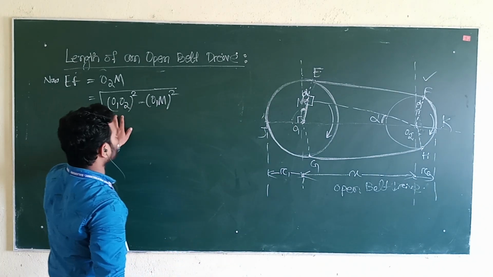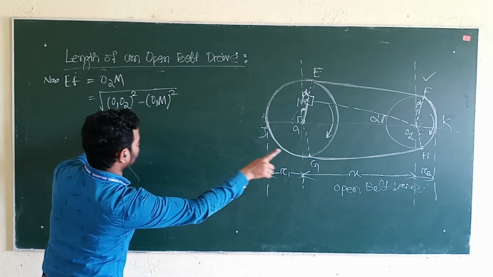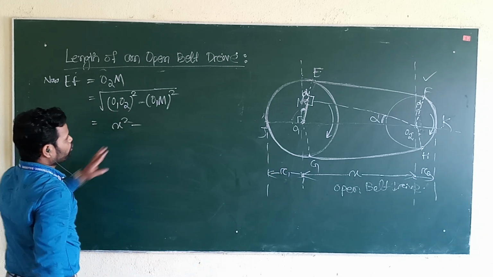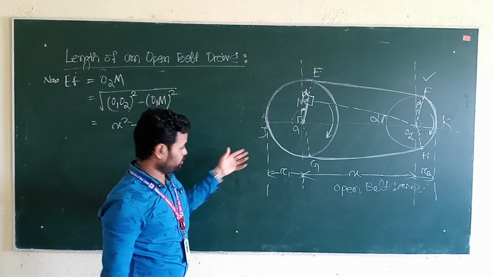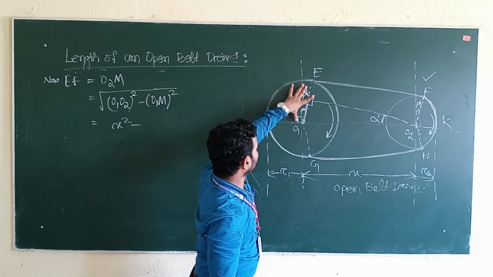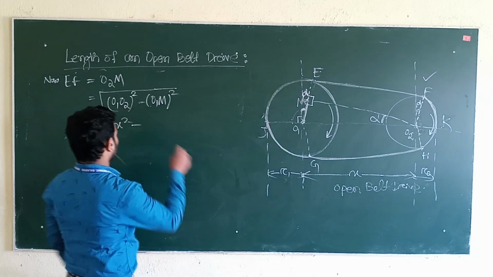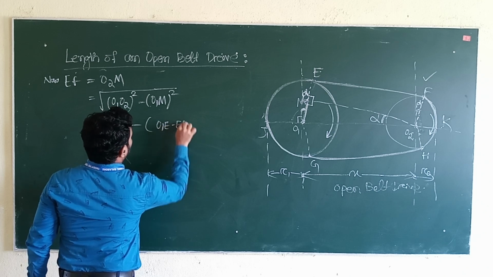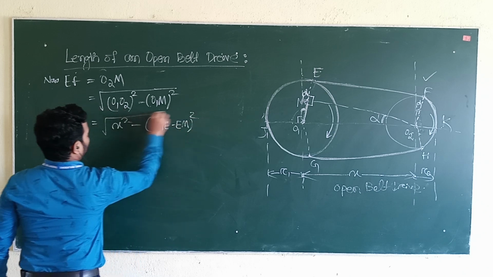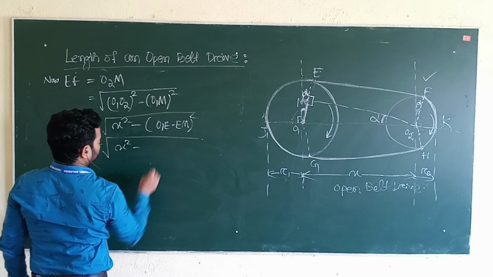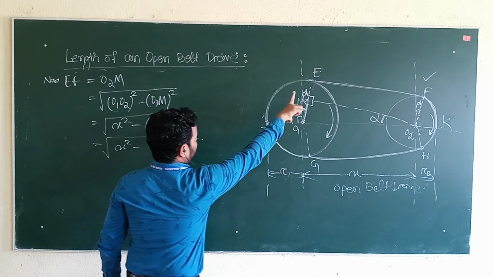Okay. What is O1O2 square? The distance from O1 to O2 is X, so X square minus O1M square. We have previously calculated O1M, that is O1E minus EM. So O1M equals root over X square minus, what is O1E?